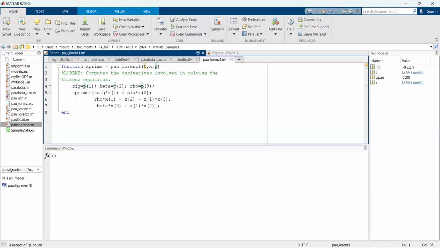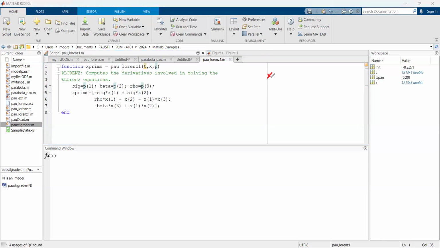And then with this p, I say that sigma is equal to P1, beta is equal to P2, and rho is equal to P3. Similar to what we did with x: X1 was equal to x, x2 was equal to y, and x3 was equal to z.